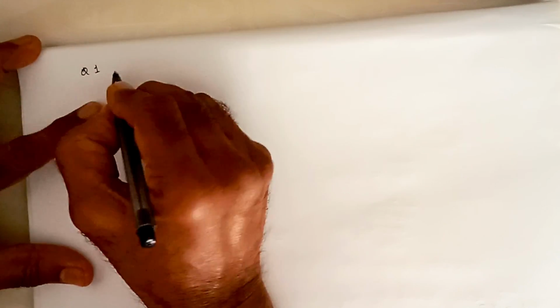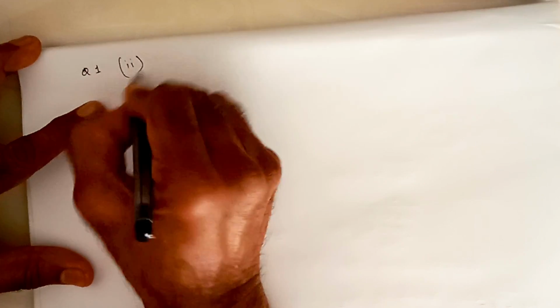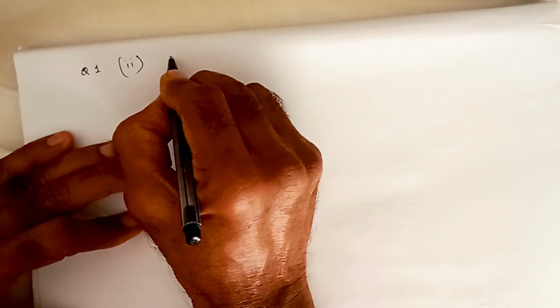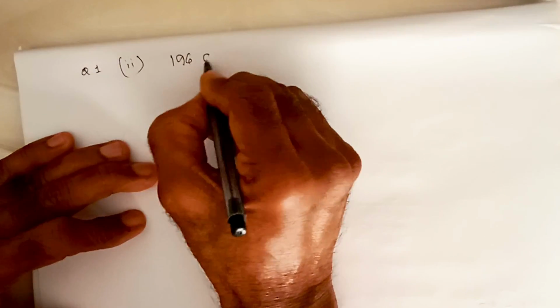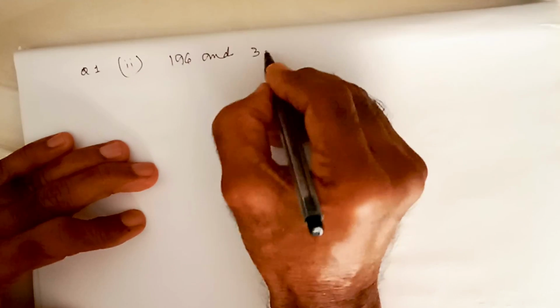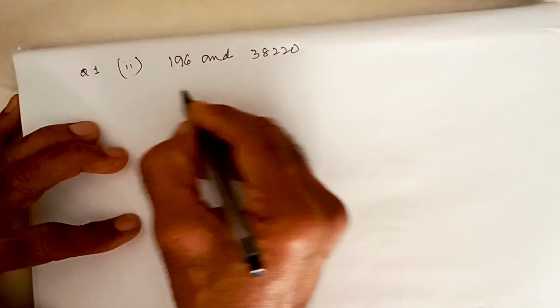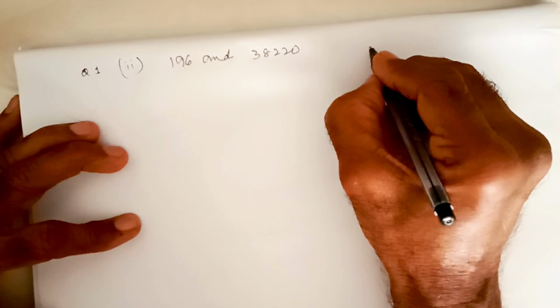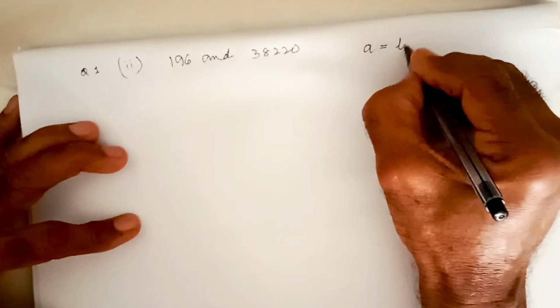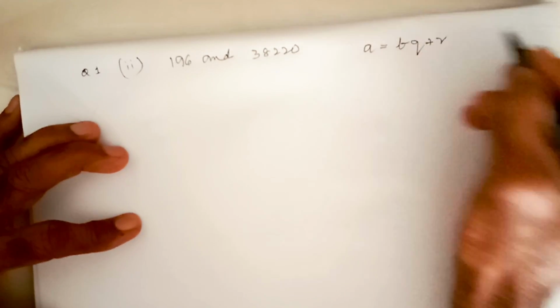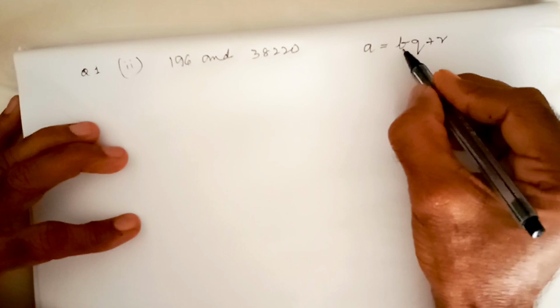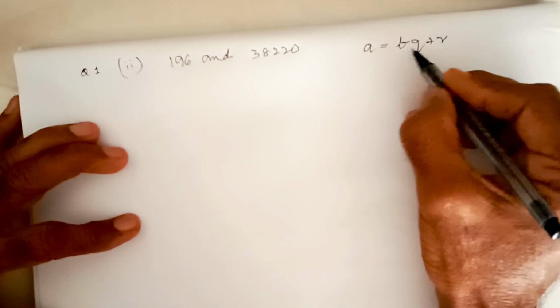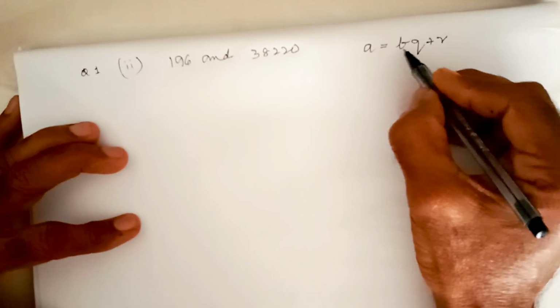Find the HCF of 196 and 38220. Two big numbers here. As you know, the algorithm method says A is equal to BQ plus R. A is the dividend, Q is the quotient, B is the divisor, R is the remainder.